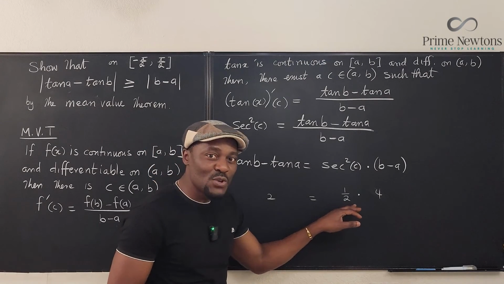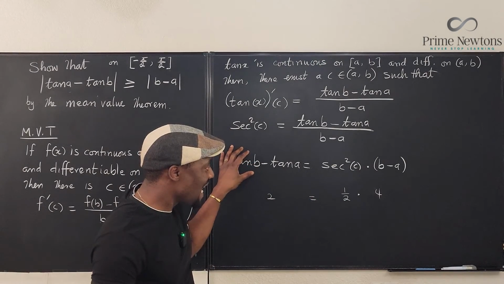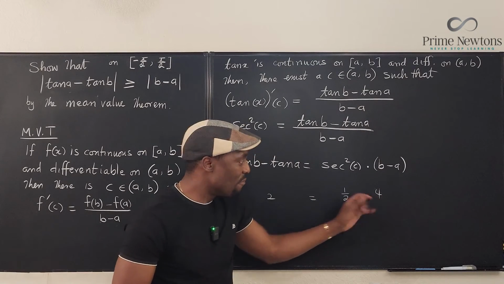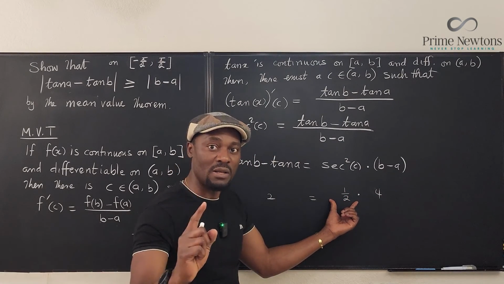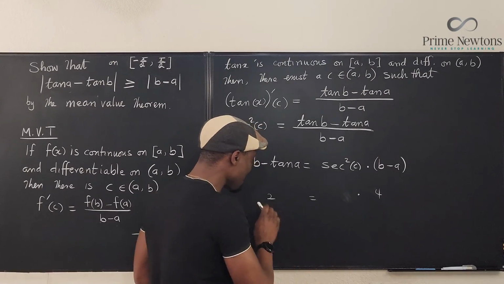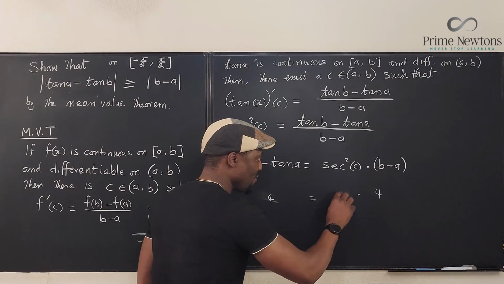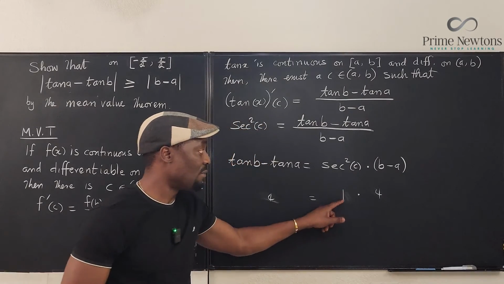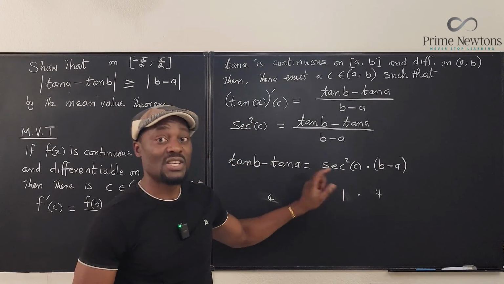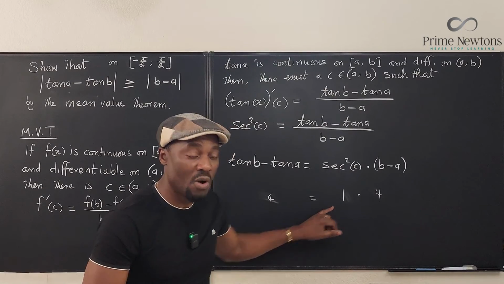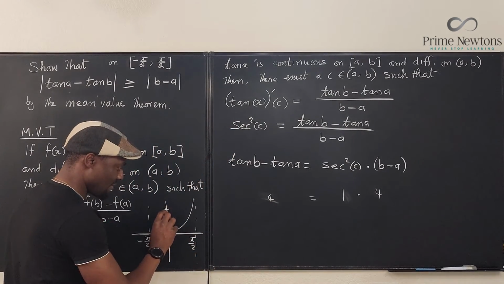So whatever you have, this side is whatever is here multiplied by at least 1. Imagine we make this 4 and you make this 1, because that's the smallest that secant can be. And secant squared, the smallest it can be is 1 here. Remember that this is the graph of cosine.